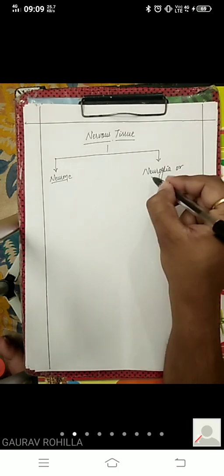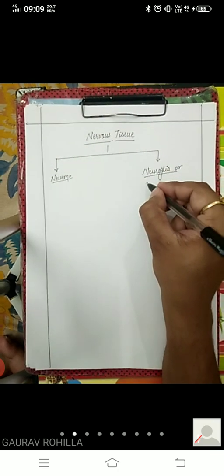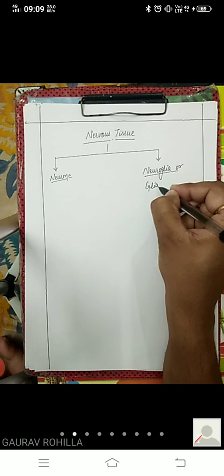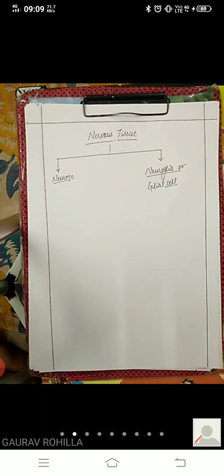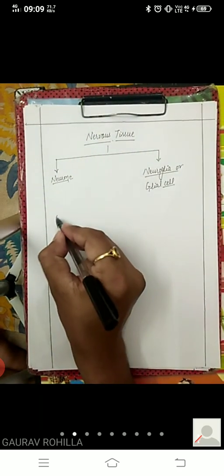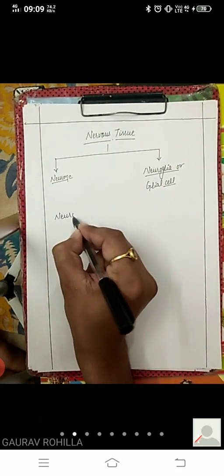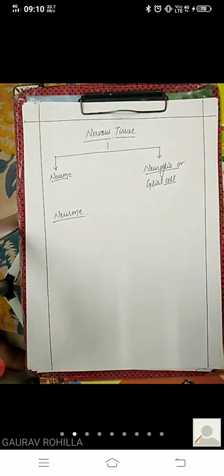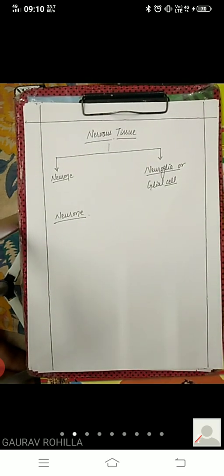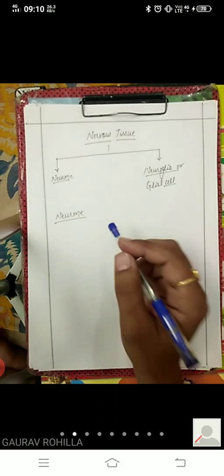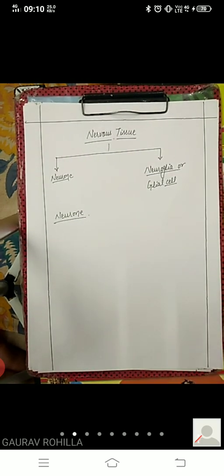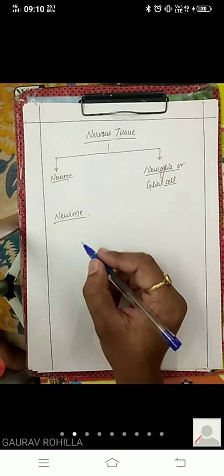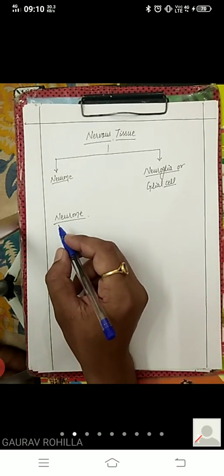Neuroglia, or we can say glial cell. First of all, neuron. Regarding neuron, first of all, these are some characteristics of neuron.